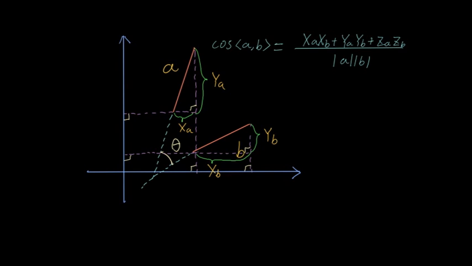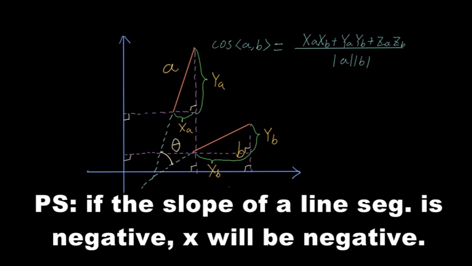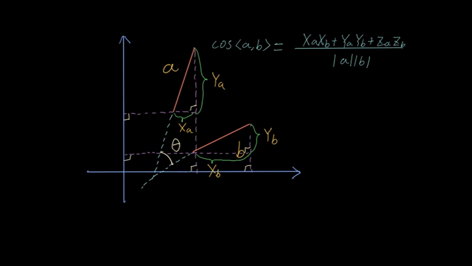So the shadow this line casts on the x-axis is xb, and the shadow A casts on the x-axis is xa, and the angle between two line segments is theta. Actually, this thing is theta. The cosine of the angle between A and B, so cosine theta, is equal to these things.